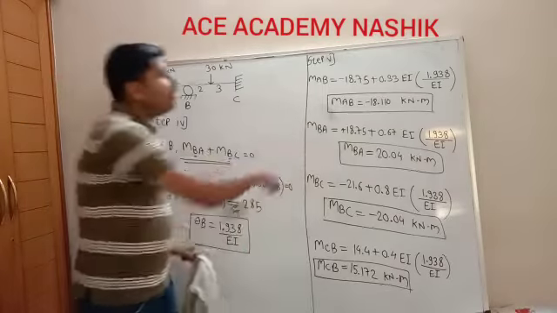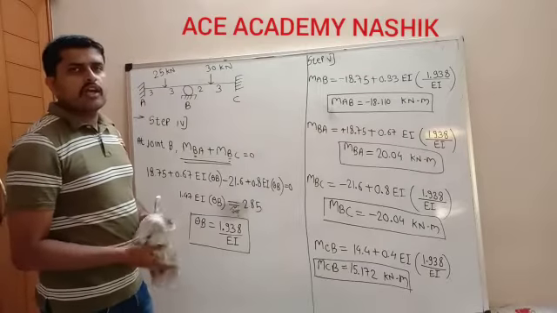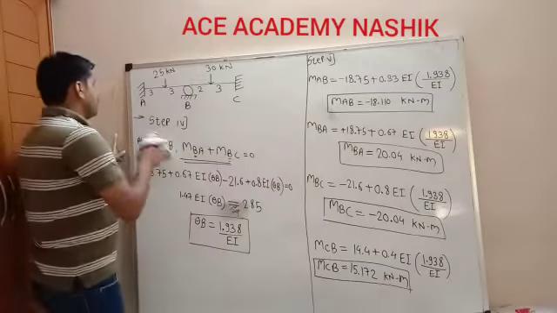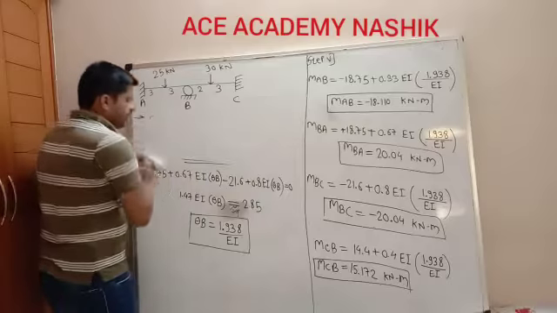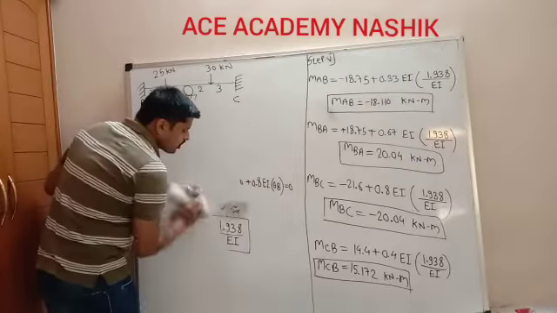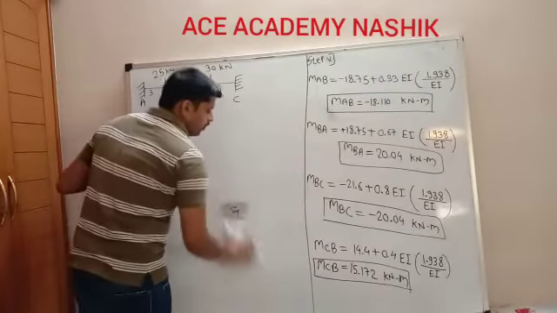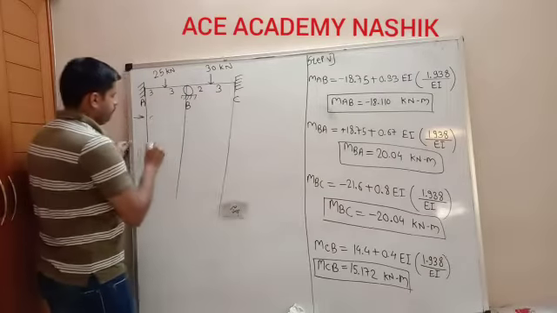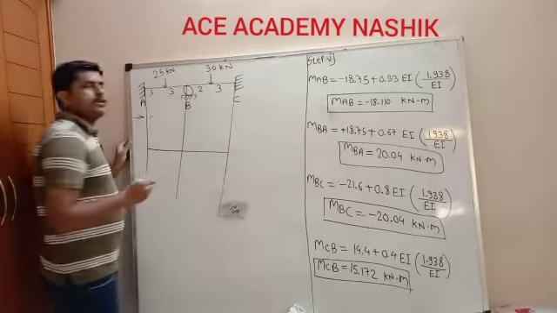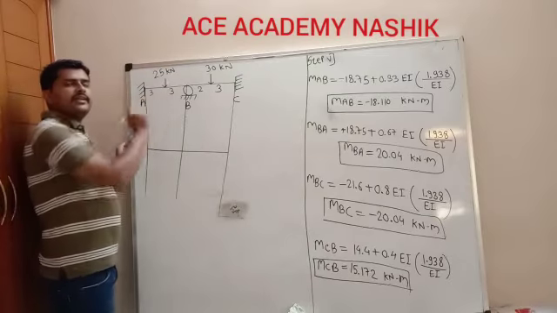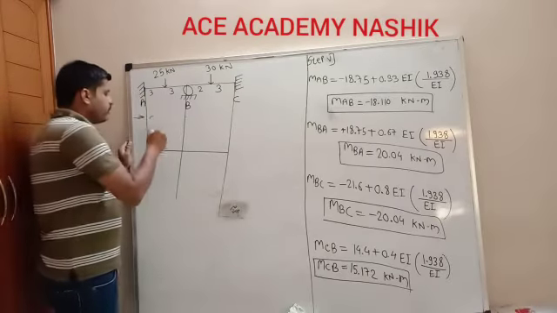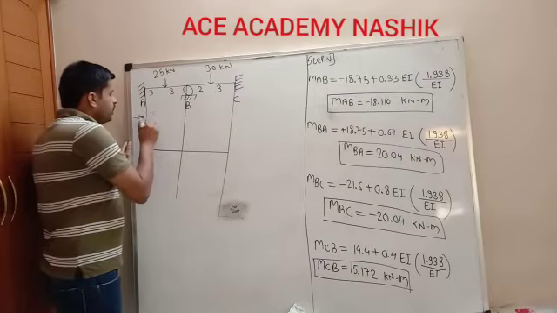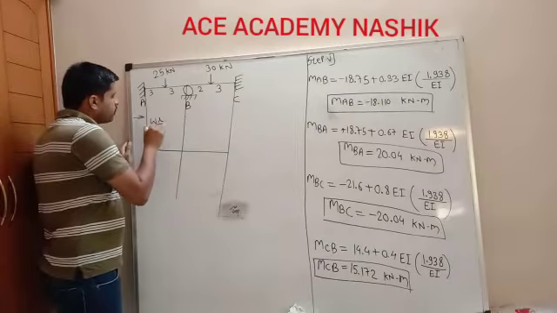After calculating all these moments, we have to draw our BMD, that is, the superimposed BMD. So how to draw it? As span AB contains a central point load, the formula will be WL by 4.